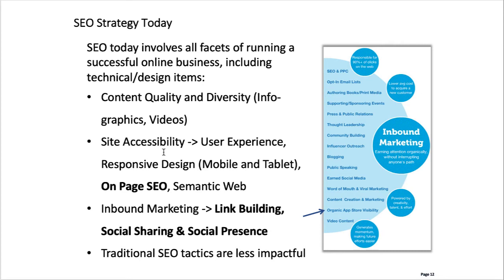That's with regard to user experience, and you should make your website responsive, which means that it will be mobile and tablet friendly. And on-page SEO, we will talk about in the next slide. And then make a semantic web, so your website URL needs to have meaning to both humans and search engines.